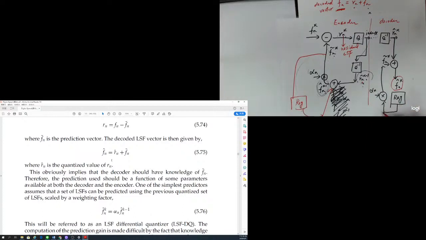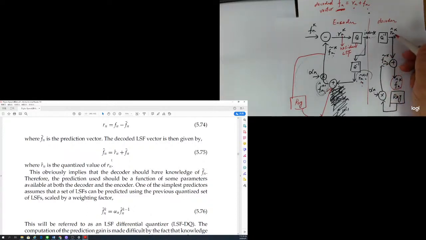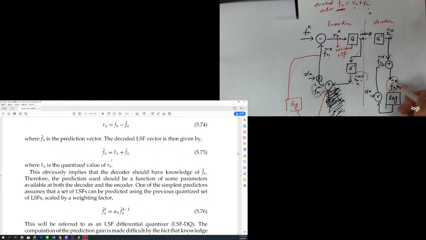We multiply by the coefficient to become the next prediction coefficient, and the next prediction vector has to be summed over k plus 1. So this goes back to k here and is multiplied by r of n to become k plus 1. Then it becomes f of n with k plus 1.